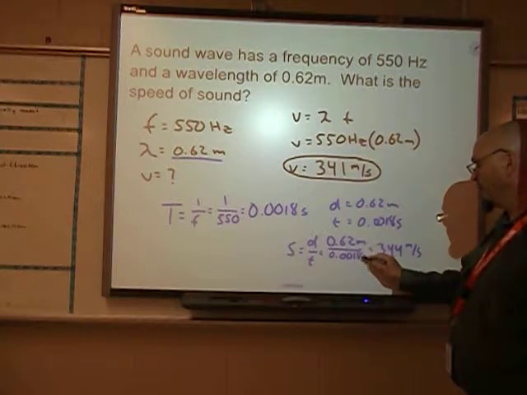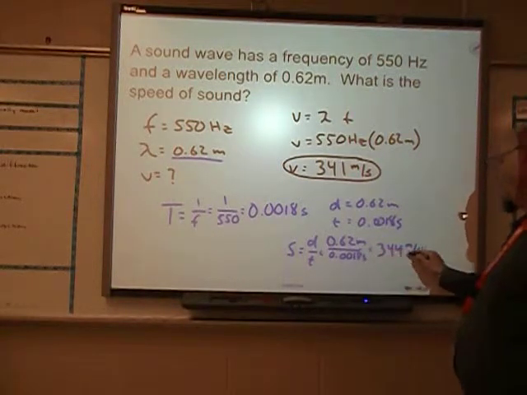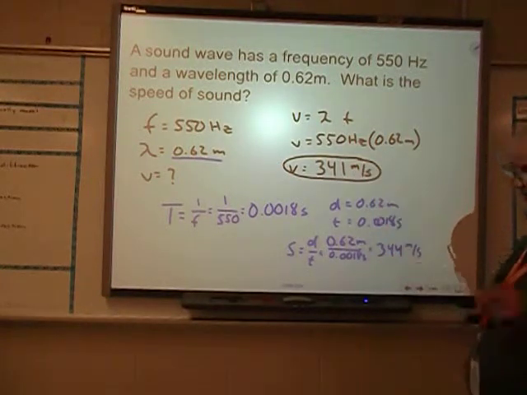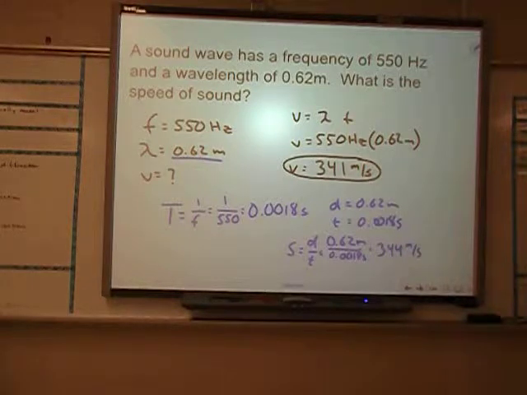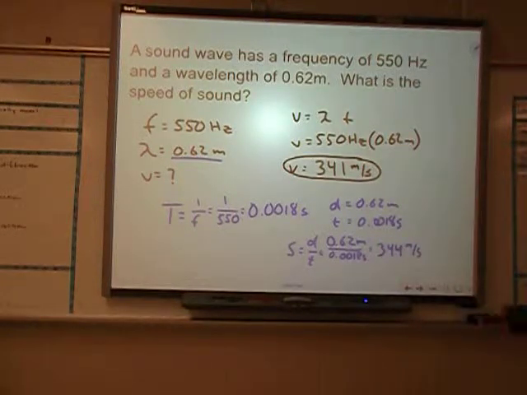If I had kept all the decimal values I could, because this is a repeating number, 0.00181818, it would have been exactly 341. There's a slight difference because of the rounding I did. But again, same answer. There's more than one way to get there, and more than one way to interpret that question.